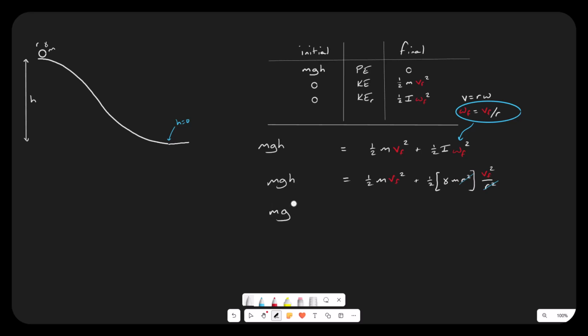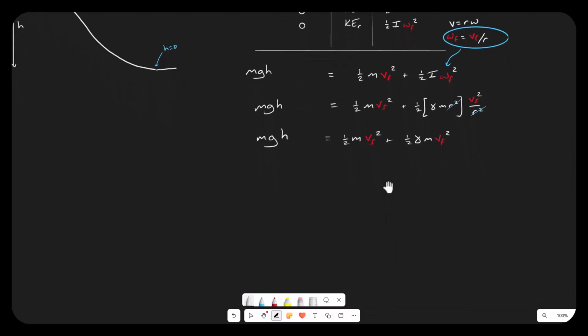And that gives me mgh equals half m v final squared plus half gamma m v final squared. I now have an equation that only has the one missing variable. I'm going to go a little bit farther and factor v final squared out of those. So left side mgh, right side I actually get a half m v final squared, and left out of the front term is 1, left out of the second term is gamma.